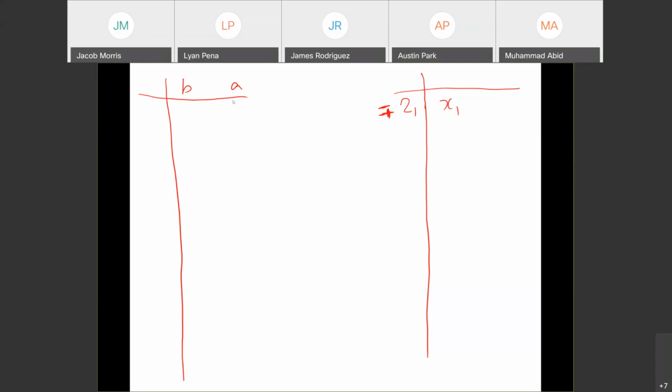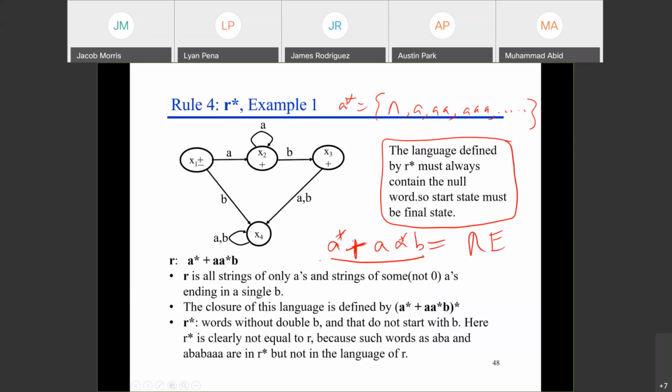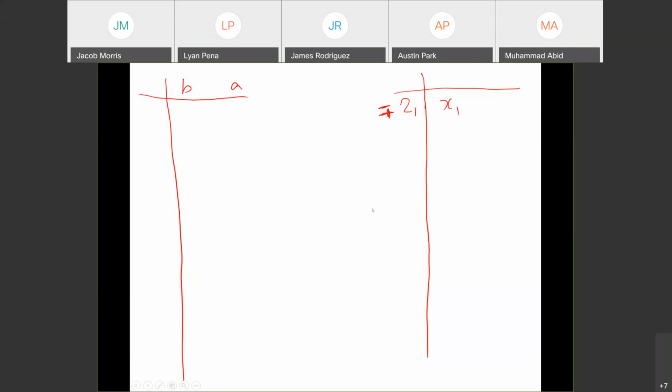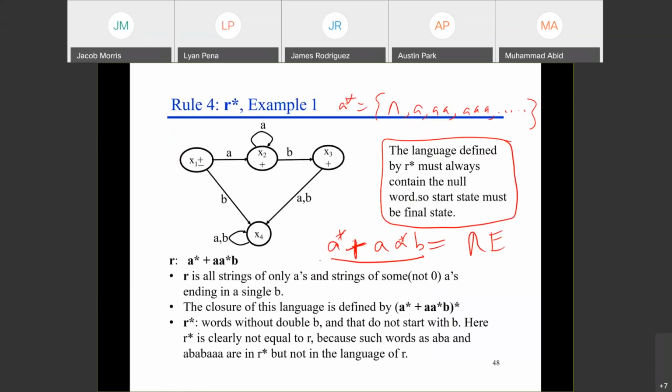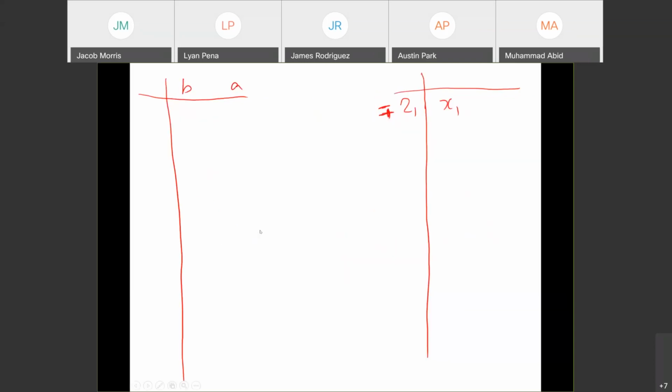Now our start state is x1, and this is also a final state. What happens if you are at x1 and you have b as input? You go to x4. So we write x4 here.